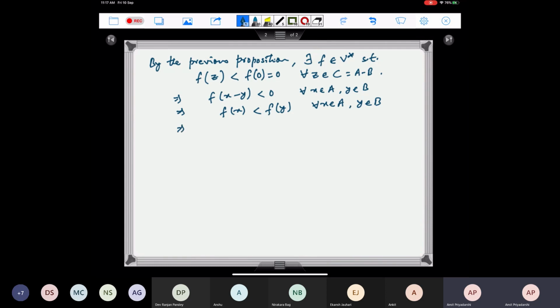This also implies that the supremum of f of x, x belonging to A, is less than or equal to the infimum of f of y, y in B. When you take the supremum and infimum, they may be equal also.